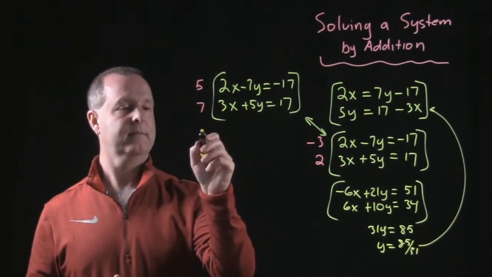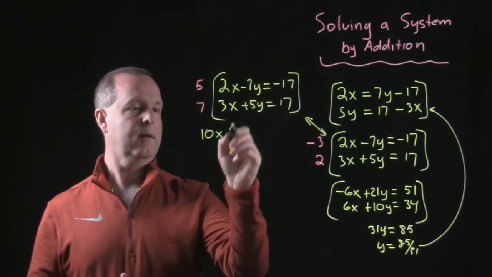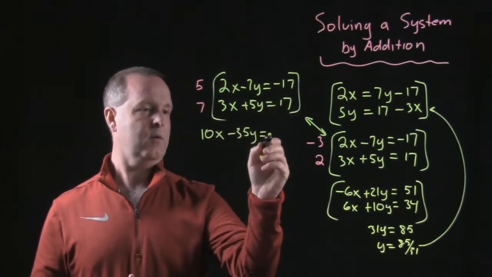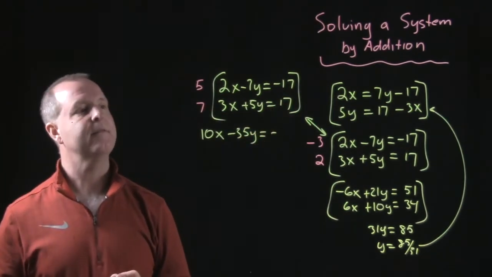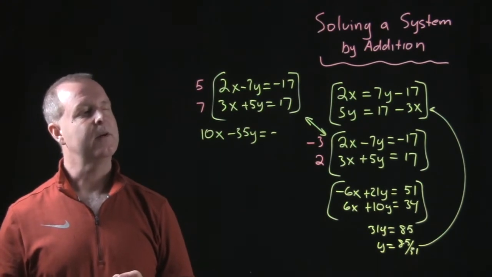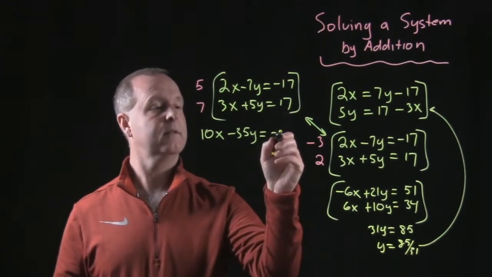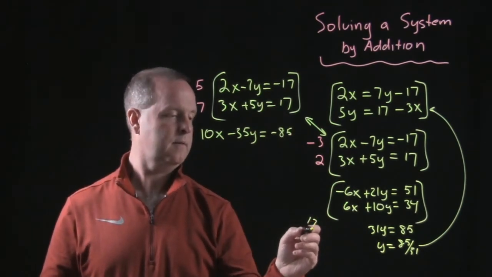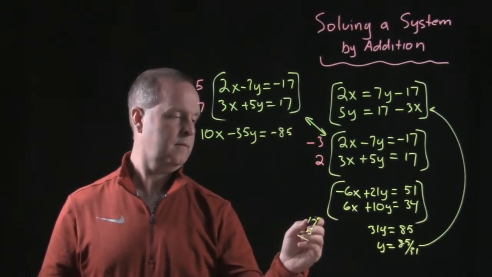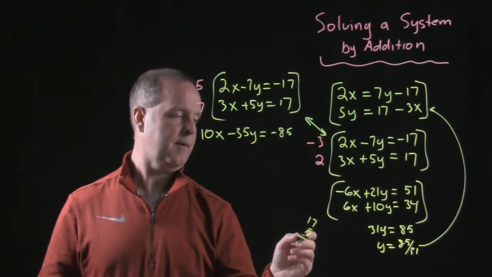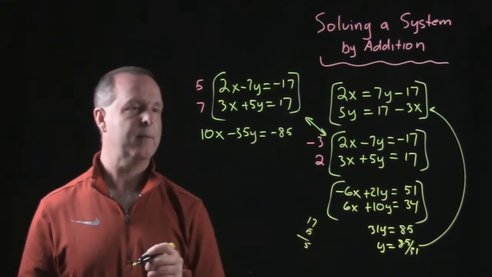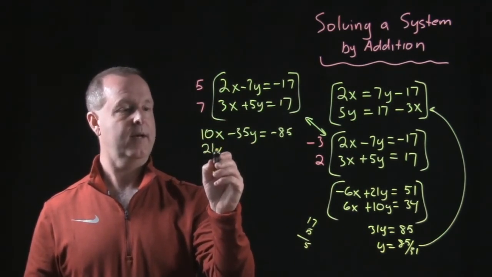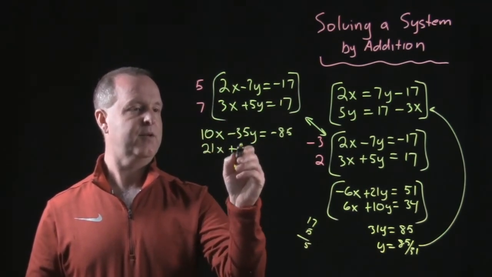So 10x minus 35y equals negative 5 times 17, which is 85. Did I do that right? 5 times 7 is 35, 5 times 17 is 85. Multiply the bottom one by 7: 21x plus 35y.